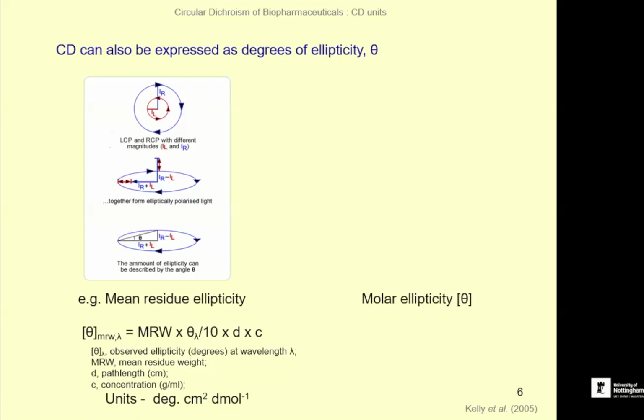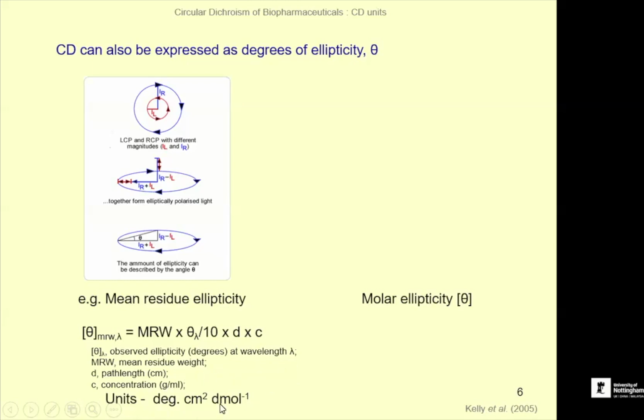So if it's a protein, you know what the protein is. You can work out what the mean residue weight is for that protein. In most cases, we know what proteins we're working with. And so if you do, then you can express it as the mean residue ellipticity, which depends not just on that value of mean residue weight of the protein, but on the concentration and the path length, just as it does for the Beer-Lambert A equals ECl.